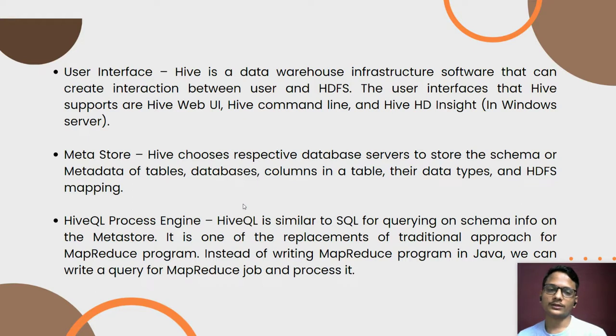Now, the metastore. Hive chooses respective database servers to store the schema or metadata of tables. This metastore helps us store the data and easily access data through the Hive server.